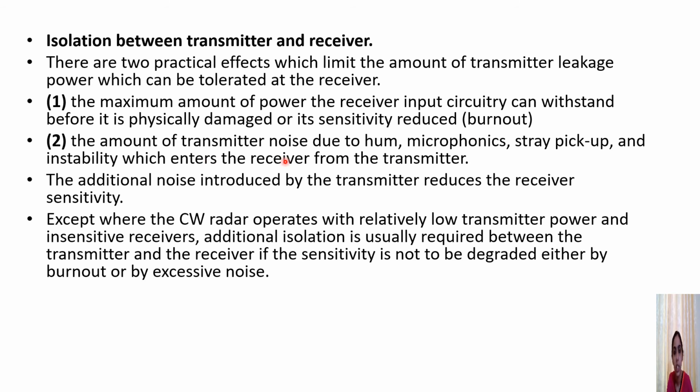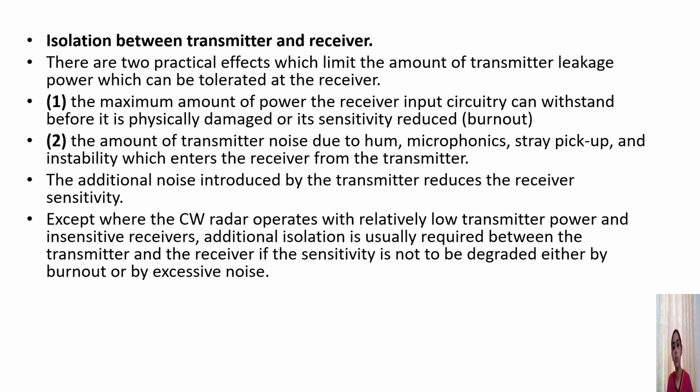The next one is transmitter noise due to stray effects, microphonics, instabilities, etc. We require only the necessary sample from the transmitter, but if more and more noise gets introduced from the transmitter, it is going to reduce our receiver sensitivity. So except where the CW radar operates with a relatively low power transmitter and an insensitive receiver, we require additional isolation.